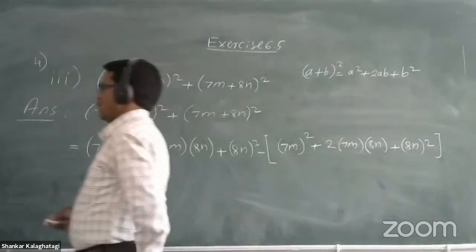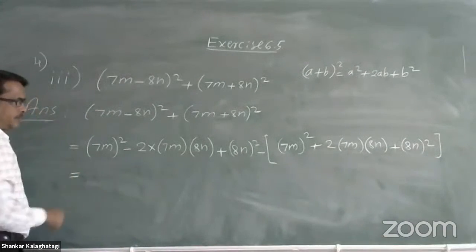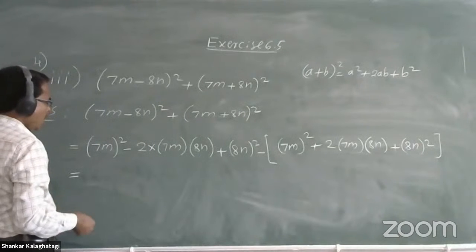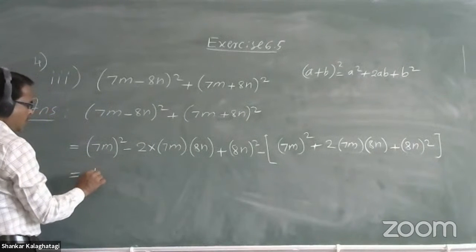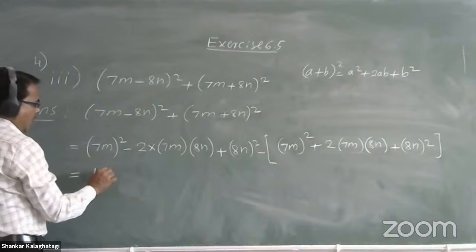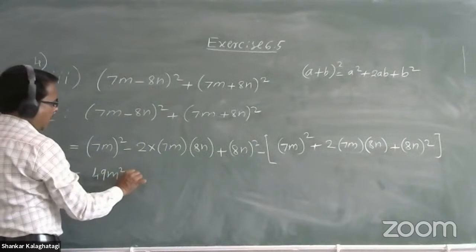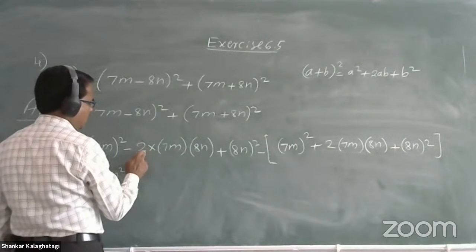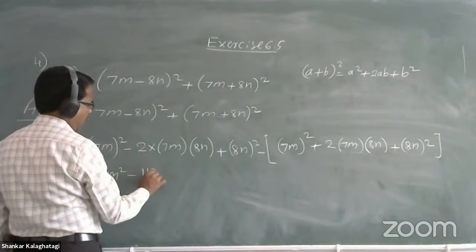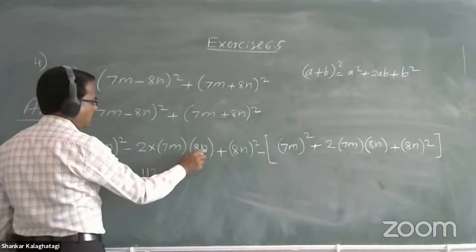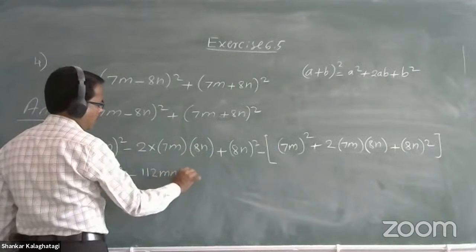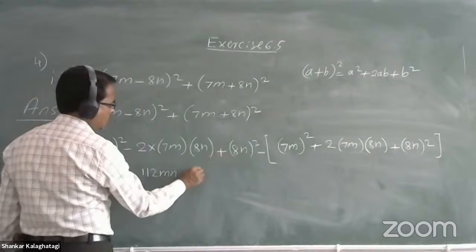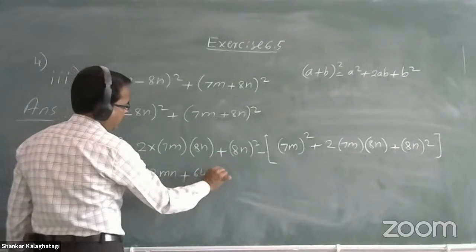Now this equals (7m)^2, 7 7s are 49m^2, minus 8 7s are 56, 56 2s are 112mn, plus 8 8s are 64n^2.